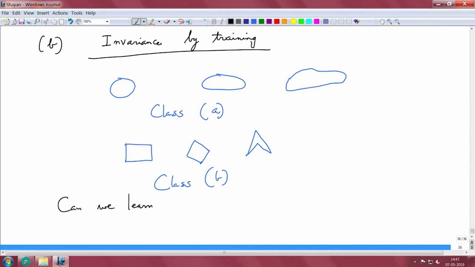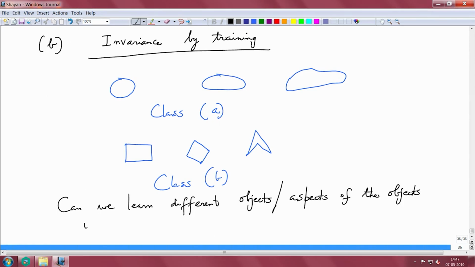Can we learn different objects or, I would say, aspects of the same object under transformations, right.